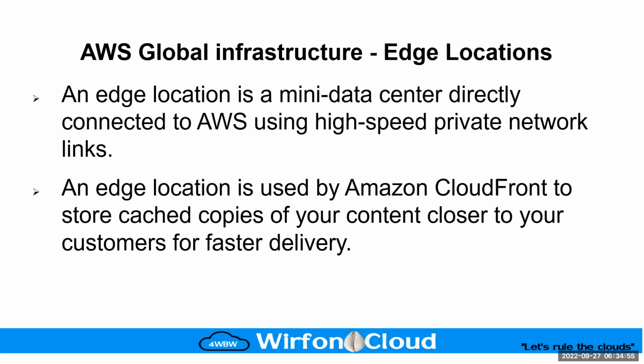The first customer that tries to access it in Europe can take a little bit of time for the content to reach. After that, when that first customer watches the movie, a copy of that movie will be cached in an edge location.